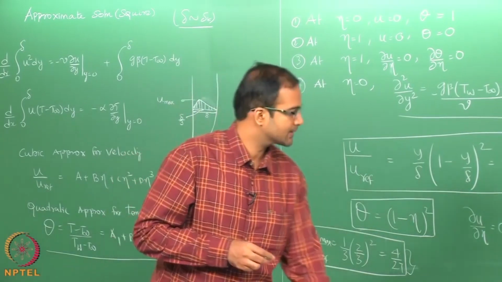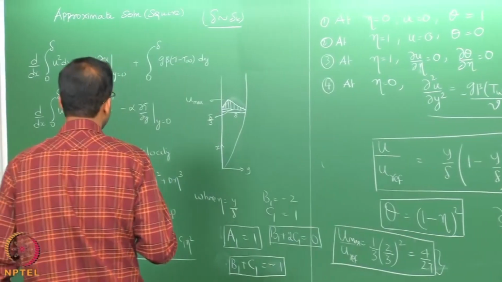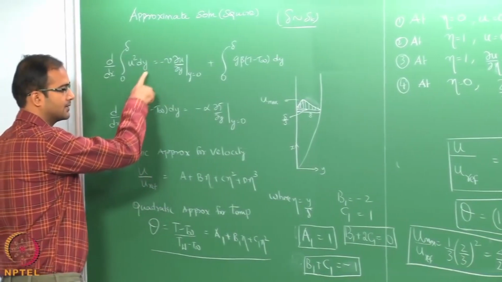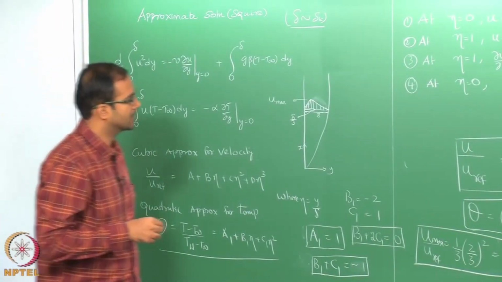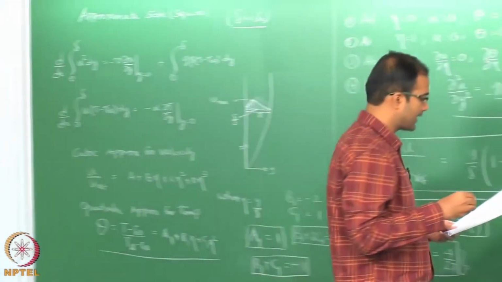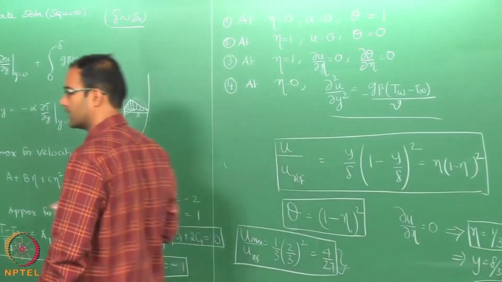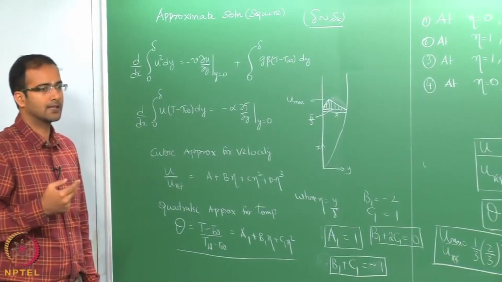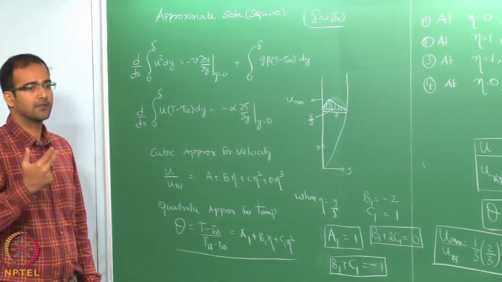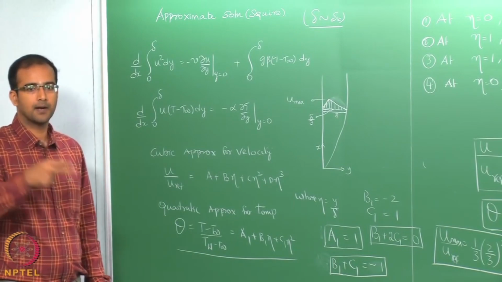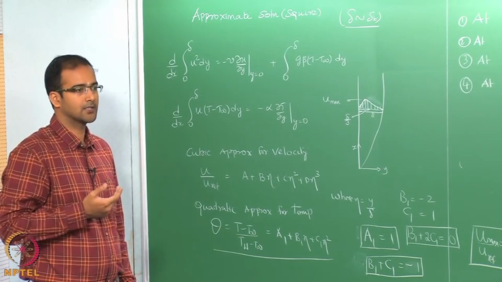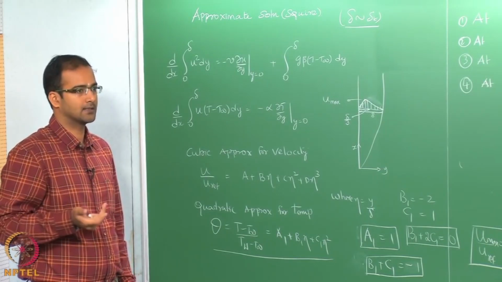So, what we will do next is, once the profiles are obtained, you can substitute back into the integral equations, the momentum and the energy integral, and you can integrate it out, because unlike external forced convection, you do not have two boundary layer thicknesses. So you do not have to define a Prandtl number and say Prandtl number greater than 1; you can therefore neglect the ratio of delta t by delta and all that.